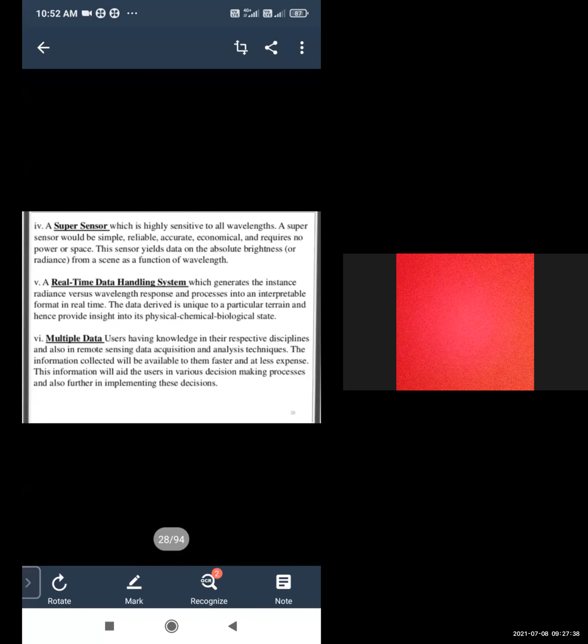Multiple data users means we are the users, having knowledge in their respective discipline and also in remote sensing data acquisition and analysis techniques. The information collected will be available to them faster and at less expense. This information will aid the user in various decision making processes and in implementing those decisions.